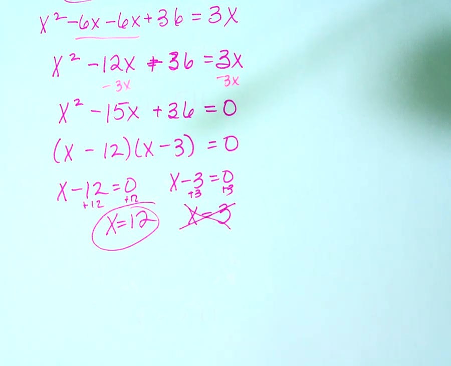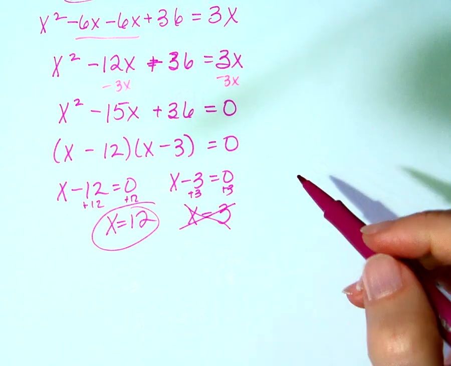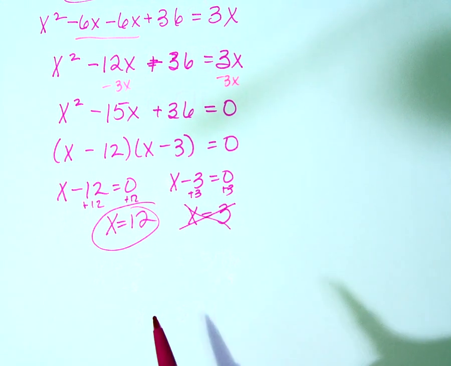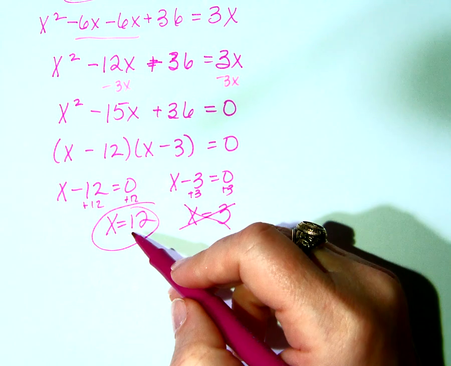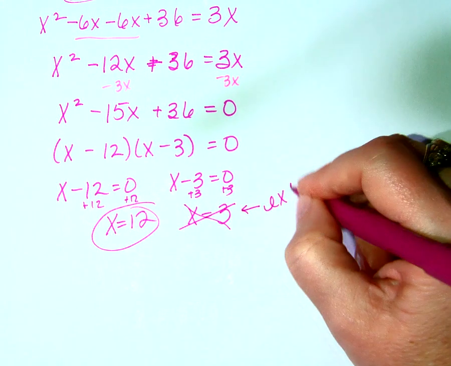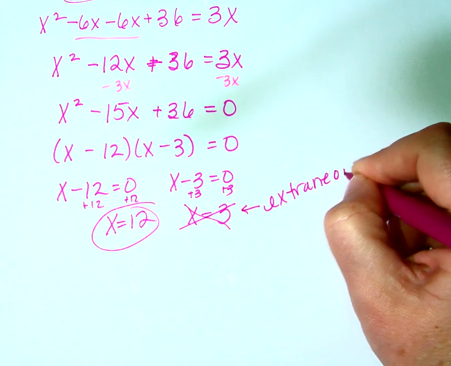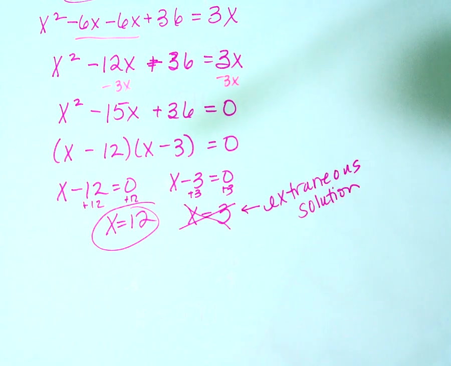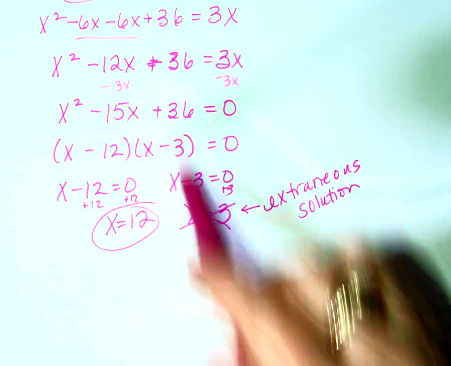I would like you to know what that answer is called. I can't take the plus or minus, because the symbol is already there. It's just the plus. This is a solution, right? This thing right here is called an extraneous solution. It's a solution that I got.